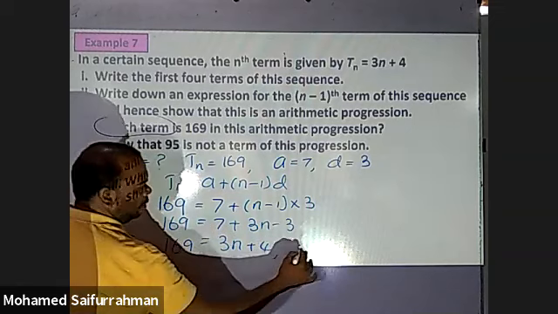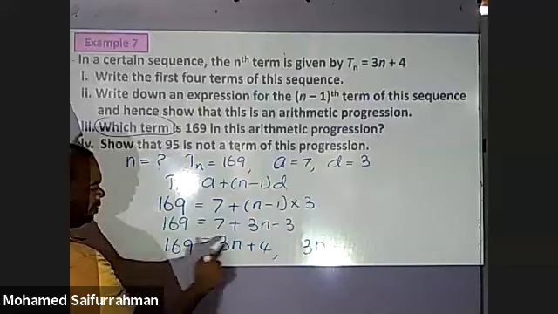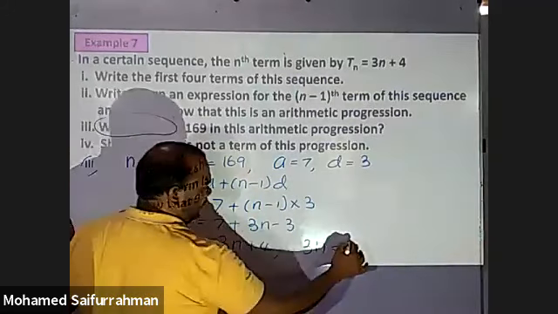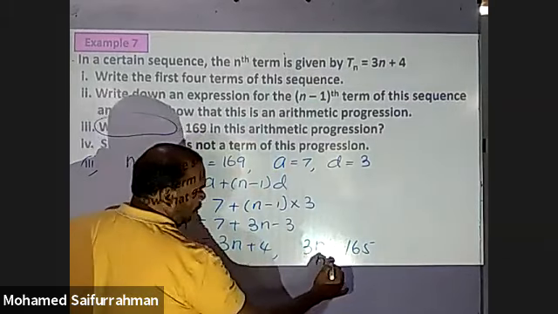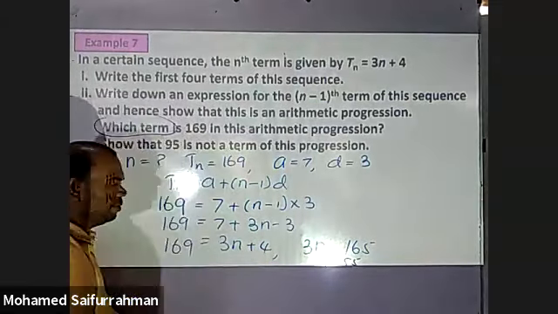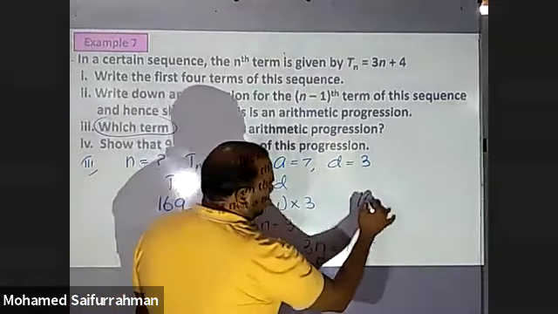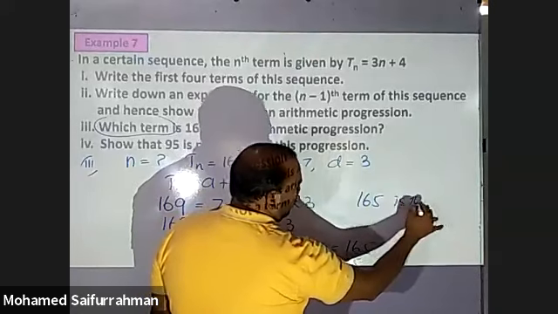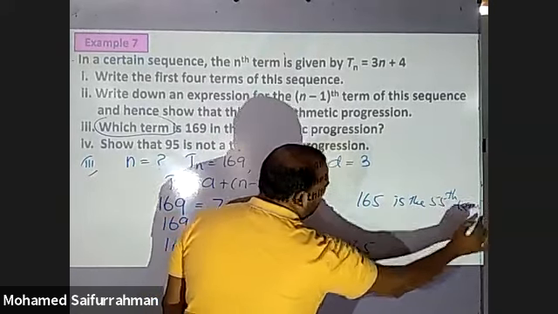Then 3n equals 169 minus 4, 165. So n equals 55. N equals 55. So 165 is the 55th term.